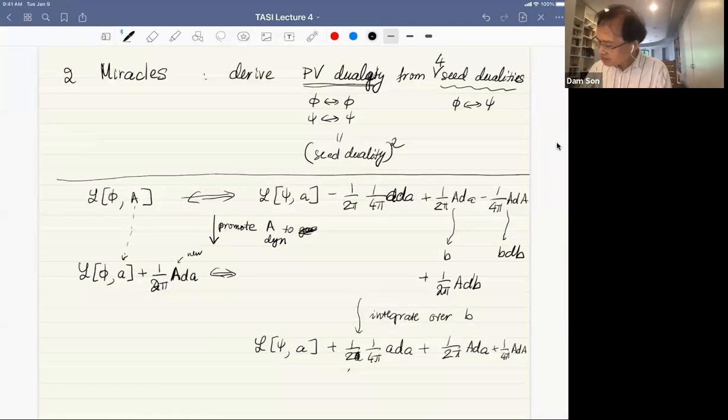But if we apply one of the four seed dualities, that maps onto a theory of some scalar field coupled to an A field.